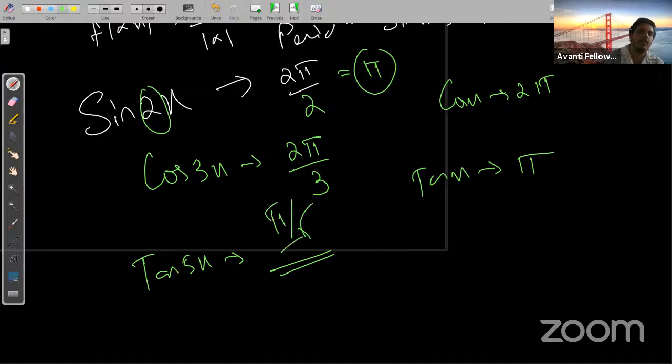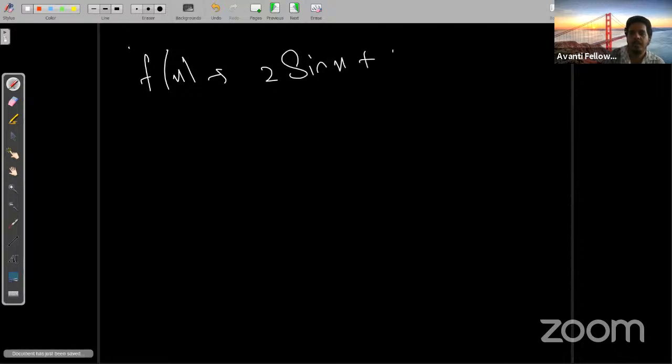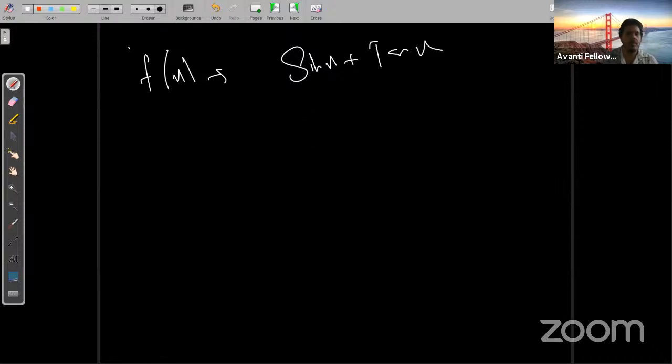Yeah, very good. So if you are giving me two functions, like let us assume 2 sin x plus 3 cos x, or else we'll do tan x, or else we'll do an easy one. Sin x plus tan x he has given to us, okay. What could be the period of sin x plus tan x?